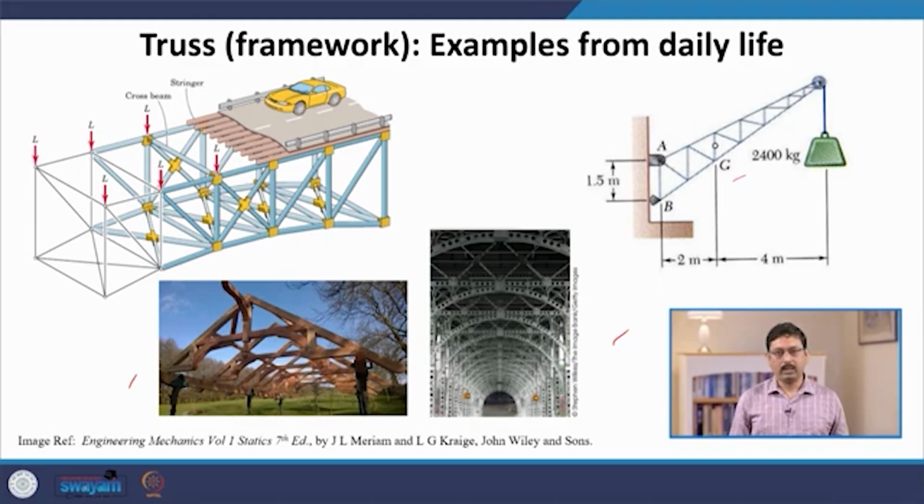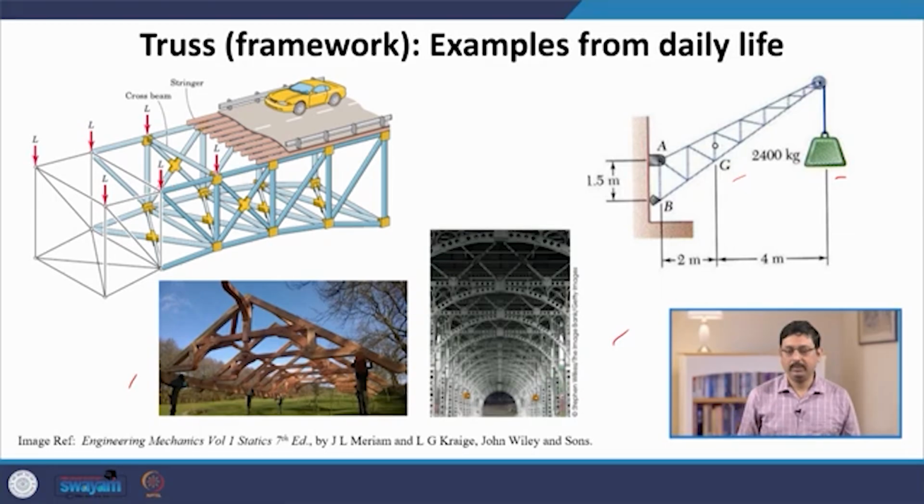Now, what is common about these pictures? In all these cases there is some sort of an external load, such as this car or whatever tiles you are going to put on this roof, and this load here. And to support this load, the engineers have designed a framework of beams joined together, such as what is shown in this picture here, the wooden beams that are connected.